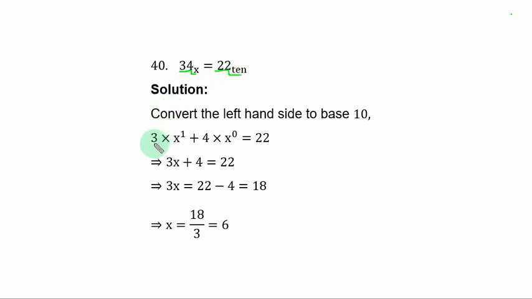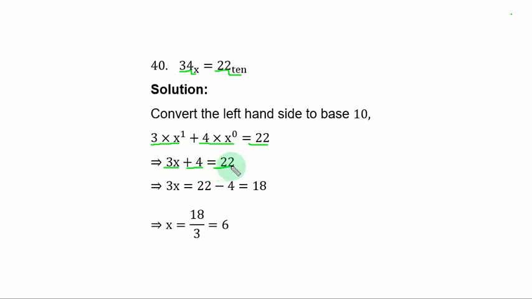You multiply 3 by s to the power of 1, because the position of 3 is 1, plus 4 times s to the power of 0 equal to 22. S power 1 is s. S times 3, you have 3s. S power 0 is 1. 1 times 4, you have plus 4 equal to 22.